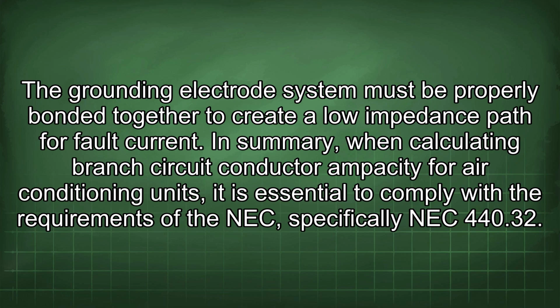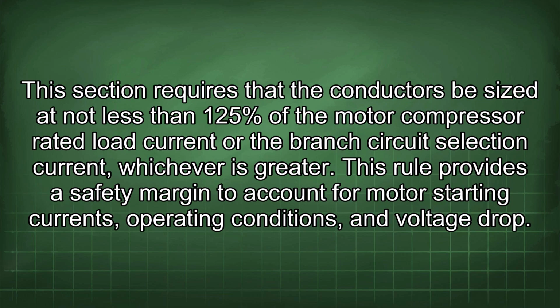In summary, when calculating branch circuit conductor ampacity for air conditioning units, it is essential to comply with the requirements of the NEC, specifically NEC 440.32. This section requires that the conductors be sized at not less than 125% of the motor compressor rated load current or the branch circuit selection current, whichever is greater.